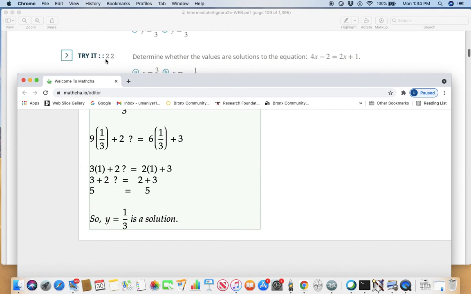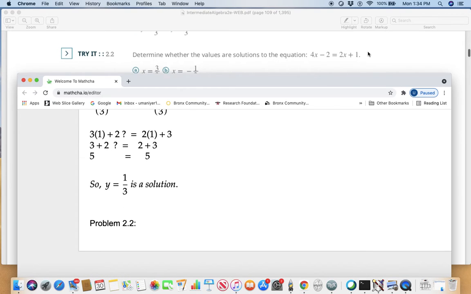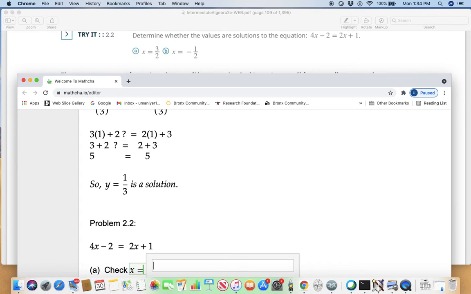All right. Let's try problem 2.2. Okay. You want, given equation 4x minus 2 equals 2x plus 1. A part says check x equals fraction 3 over 2.